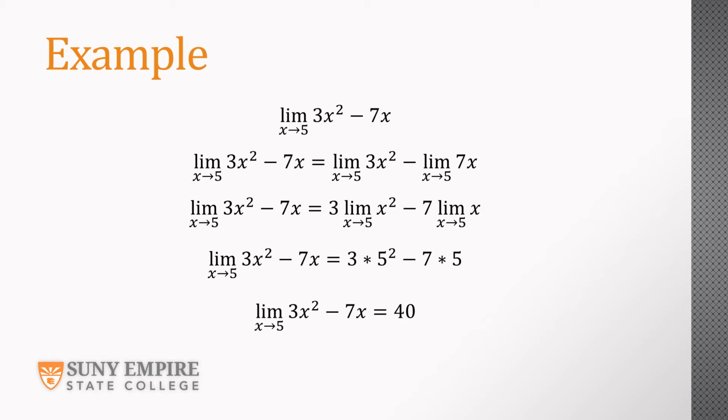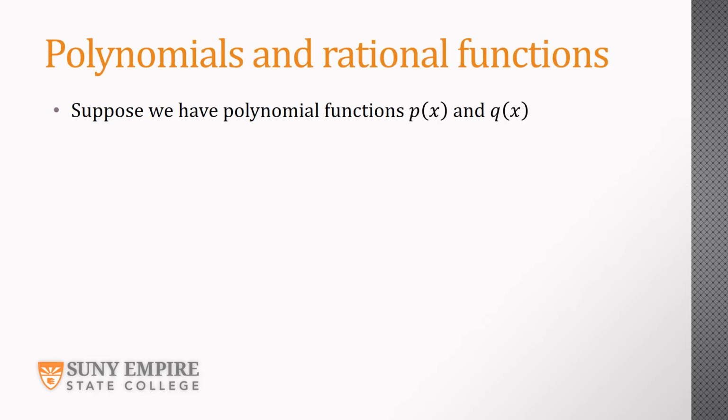This example suggests additional properties for limits involving polynomial functions or rational functions. Suppose we have polynomial functions p of x and q of x. If we want to find the limit as x approaches some real value c, we merely need to substitute that value in for x and calculate.